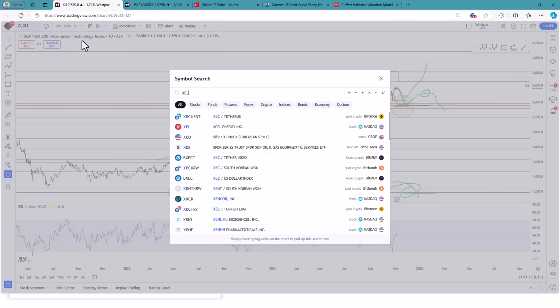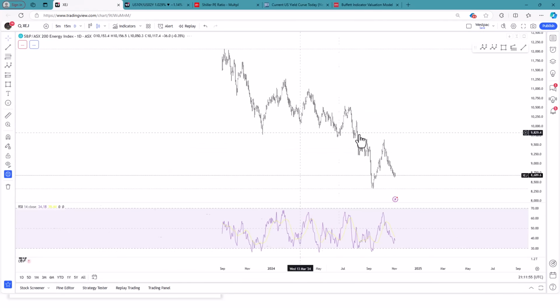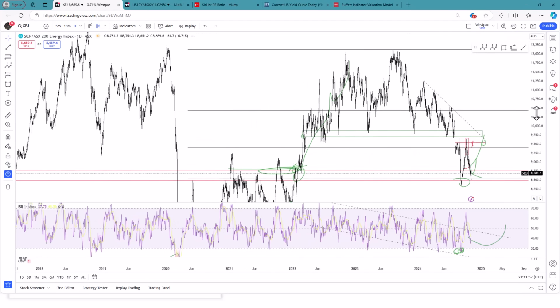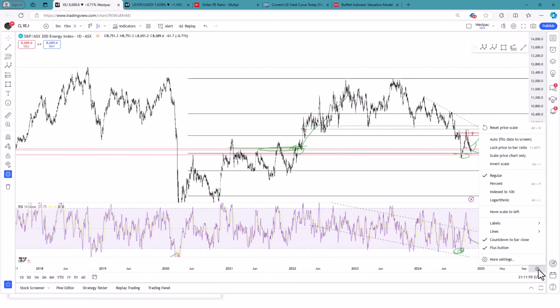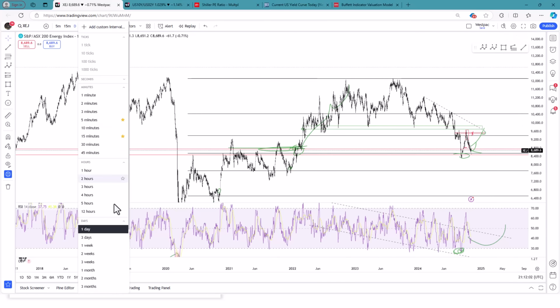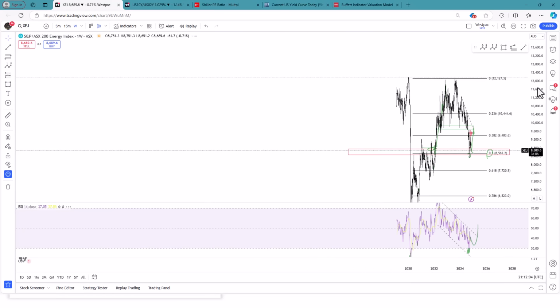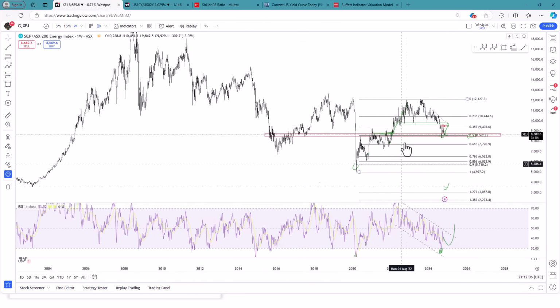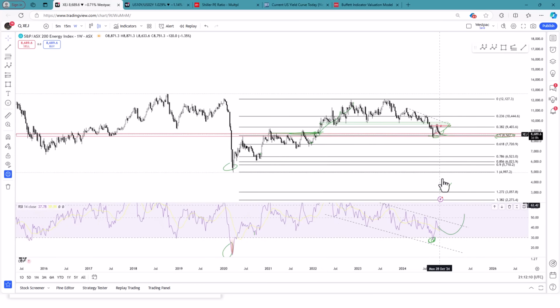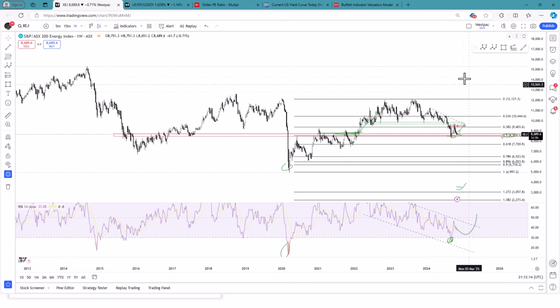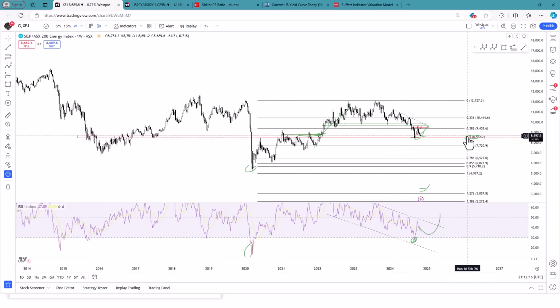Energy is the other way. So this is what I'm keeping an eye on with energy. Go to the weekly. See, energy has been in a downtrend, and then we became very oversold on this bounce here. This is the major level, the support resistance Fib 500.